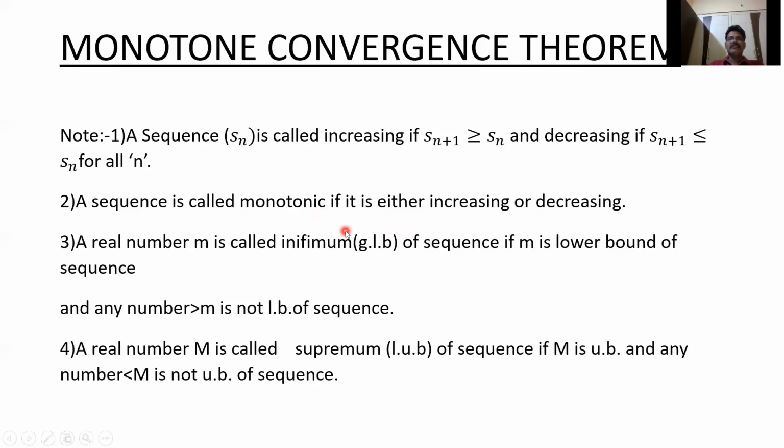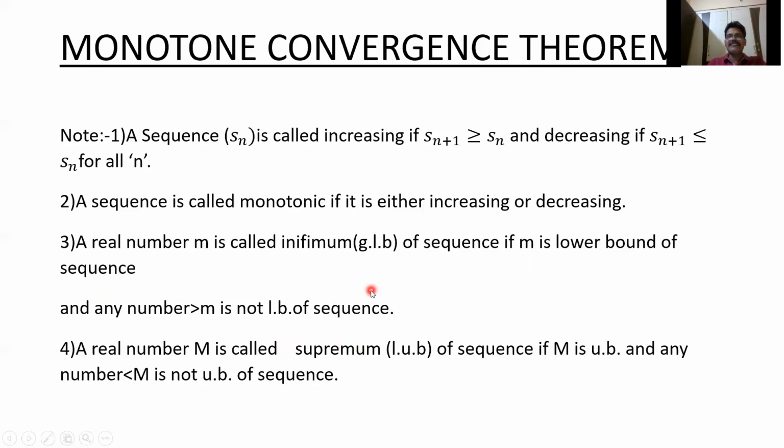And we also know from the last class the infimum and supremum. Once again, a real number m is called the infimum, that is, the greatest lower bound, if m is a lower bound of the sequence and any number greater than m is not a lower bound of the sequence.